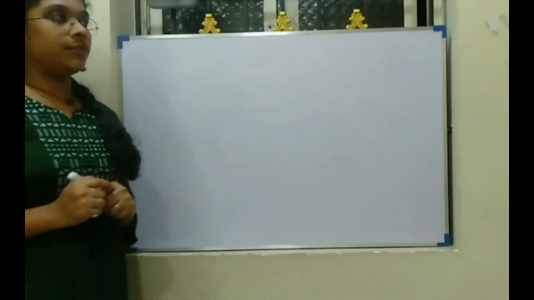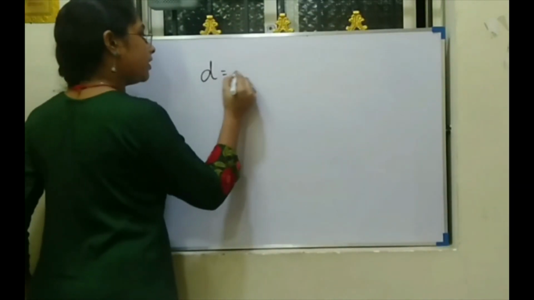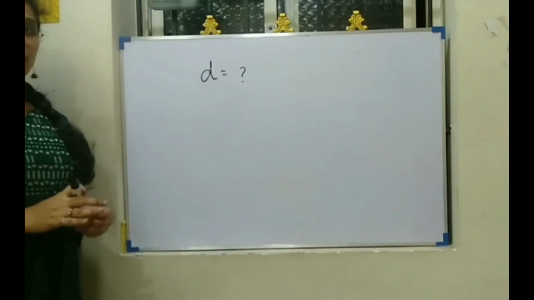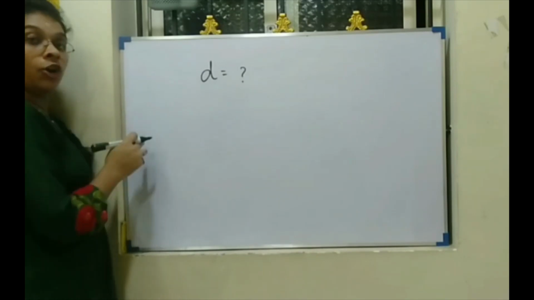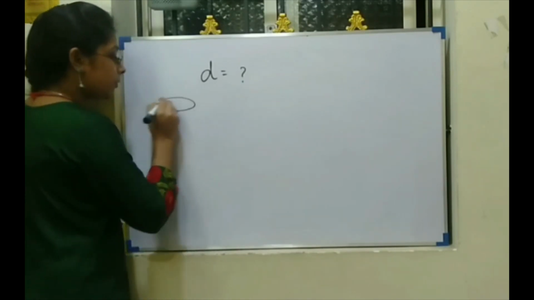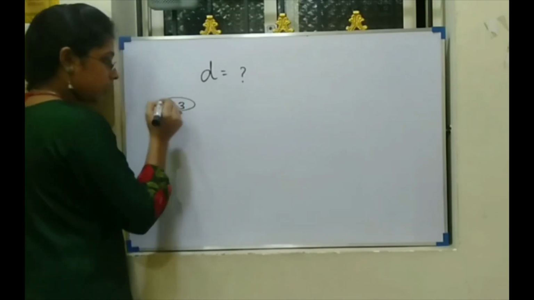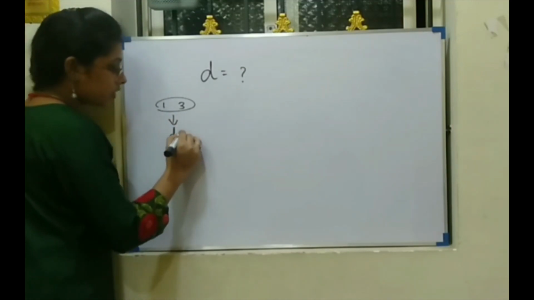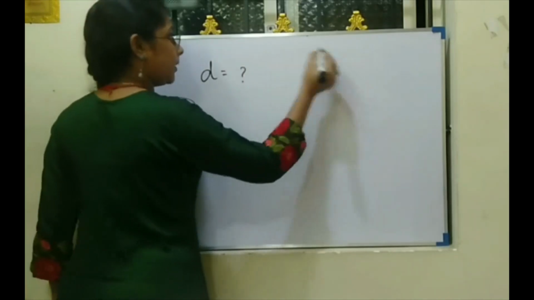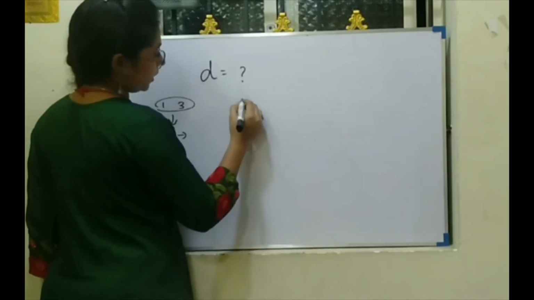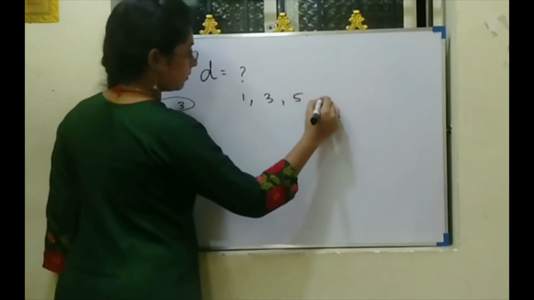How to find the common difference, that is, how to find the value of D? I have already told you that the difference between two consecutive numbers will give you the common difference. Let's say, for example, 1, 3, 5 and 7.